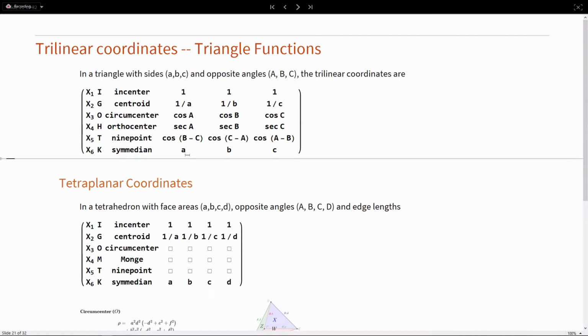All of these triangle centers for the trilinear coordinates are just basically dividing by A, B, and C. But it turns out the trilinear coordinates tend to have slightly easier formulas than the barycentric coordinates because they usually have an extra A term, B term, and C term in them. So usually the trilinear coordinates are preferred for triangle formulas.